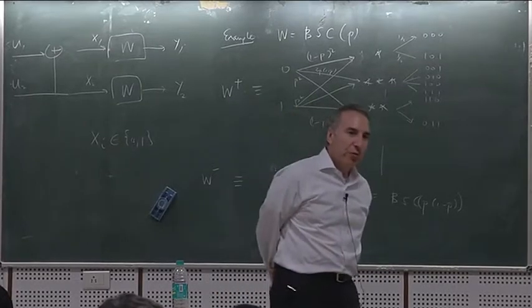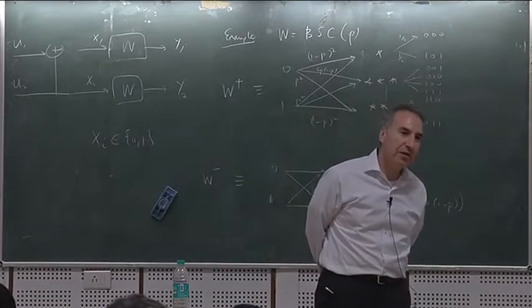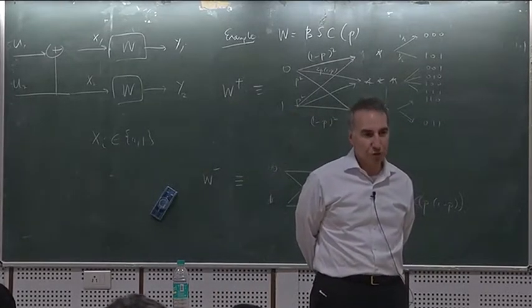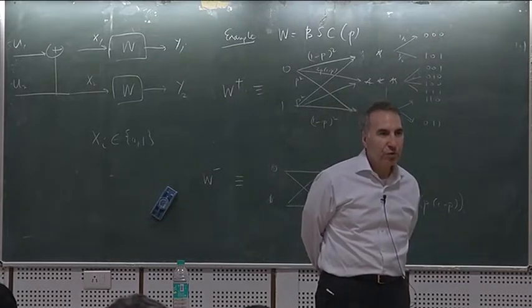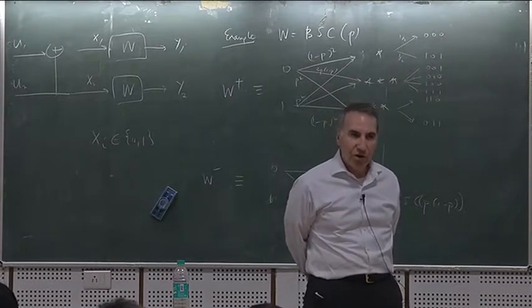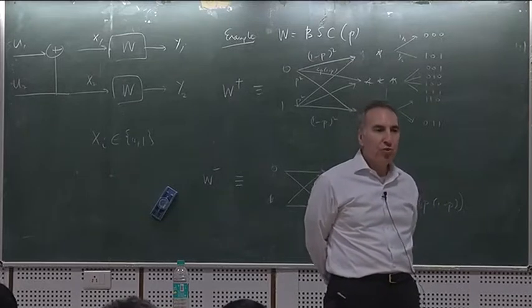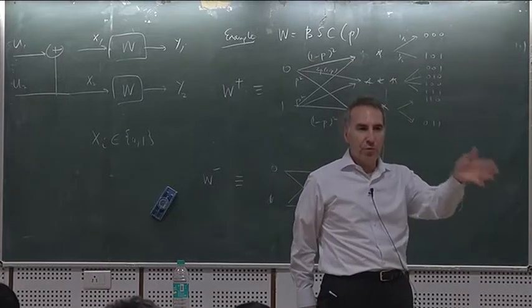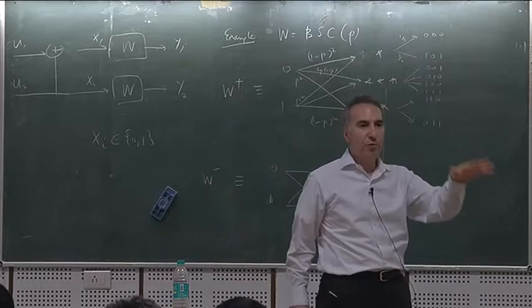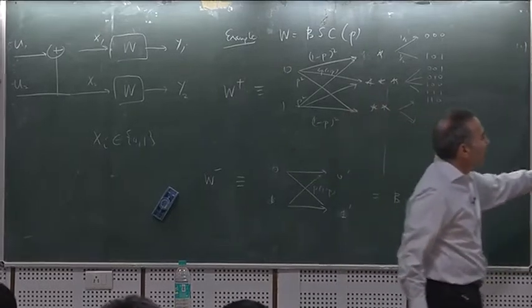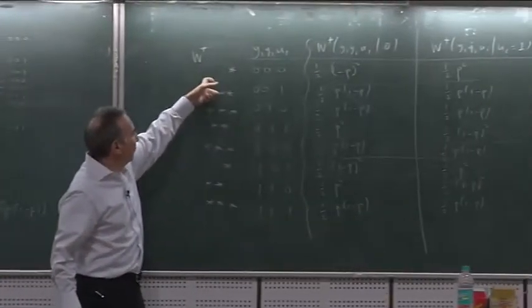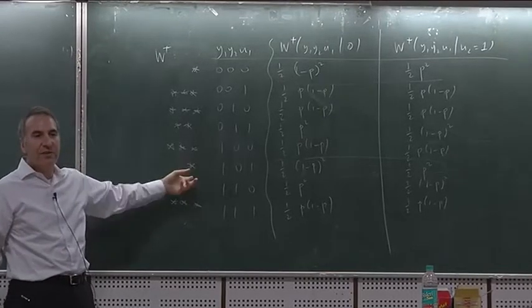A somewhat more sophisticated explanation would be the following. For binary input channels, a sufficient statistic is the likelihood ratio. When you receive a channel output, you simply compute the ratio between the probability of this output given 0 divided by this output given 1. Now, if you take a look at these symbols, star and the star here, they have the same likelihood ratio.